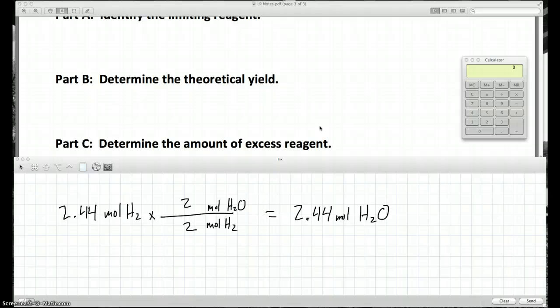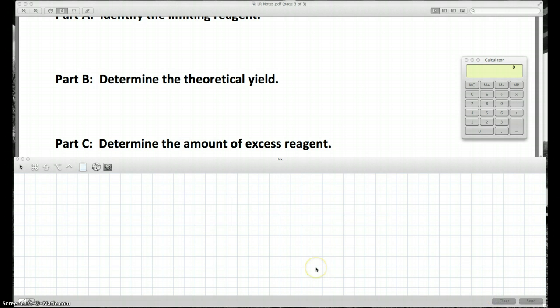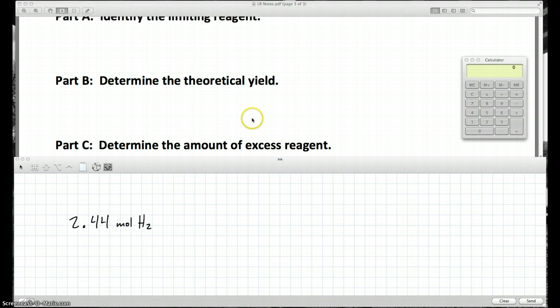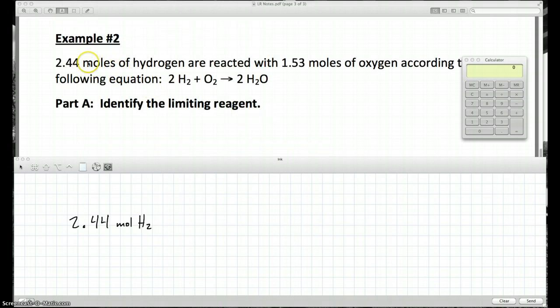Part C is where we determine the amount of excess reagent. So, again, starting with the limiting reagent, which is 2.44 moles of hydrogen. This time, we're going to go from 2.44 moles of hydrogen and convert it into the excess reagent, which is the oxygen.